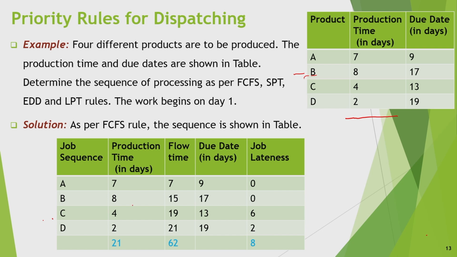So 15 plus 4 is 19, but due date was 13 only, so the job is late by 6 days. And for D, production time in days is 2, flow time is 21, due date in days is 19, and job lateness is basically 2, because due date is 19 and you finished in 21 days.